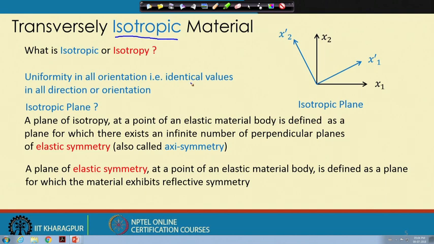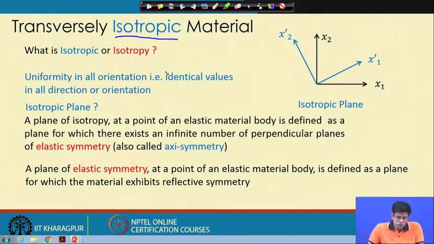We also know that if there is an isotropic plane, say x1 and x2, then in this direction E1 and E2 are the same.